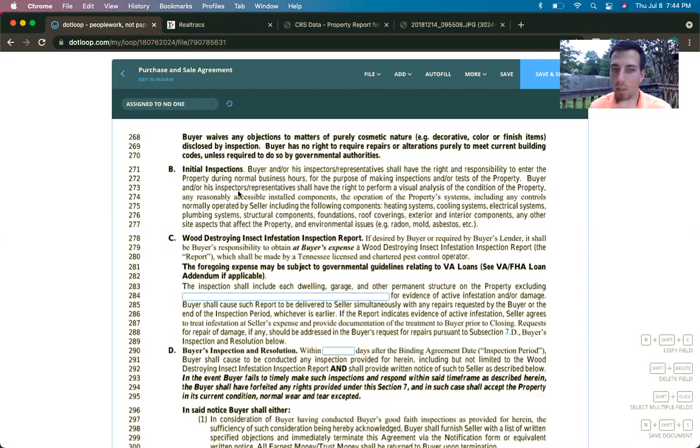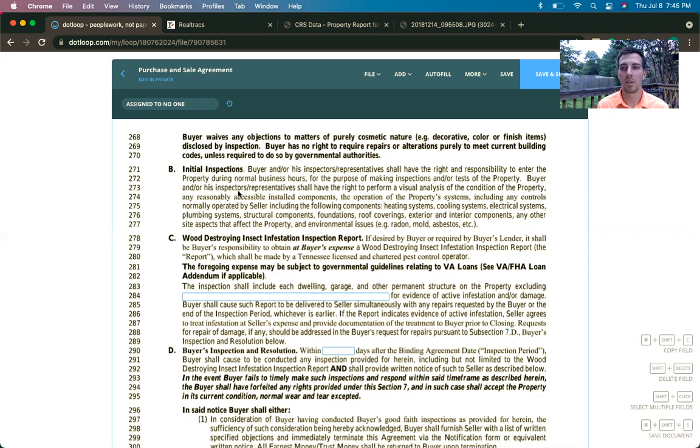Buyer and/or his inspectors, representatives shall have the right to perform a visual analysis of the condition of the property, any reasonably accessible installed components, the operation of the property systems, any controls, heating systems, cooling systems, electrical systems, plumbing systems. So basically this is saying anything that an inspector can visually inspect or systems that he can get to, that is what will be inspected.